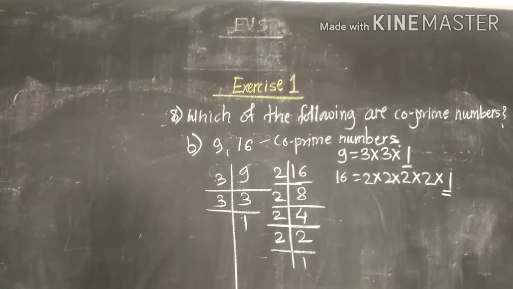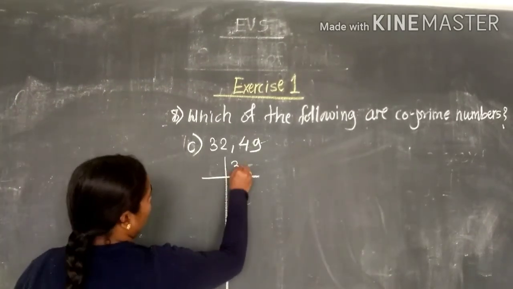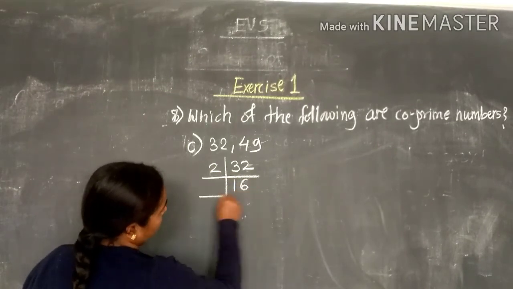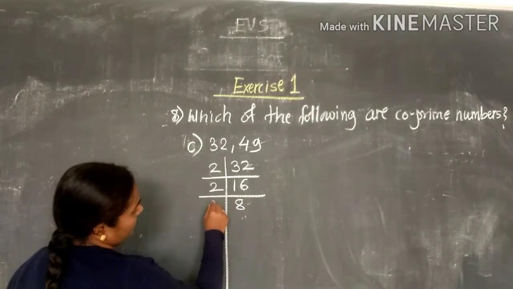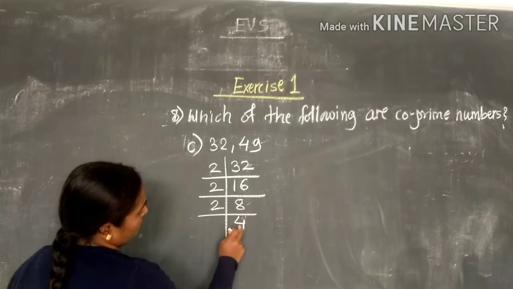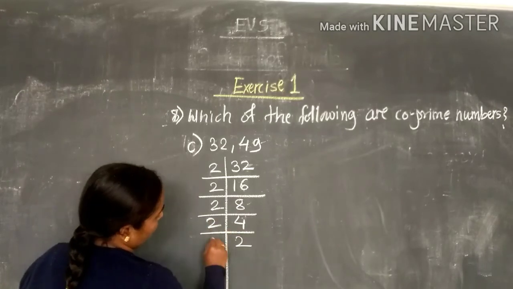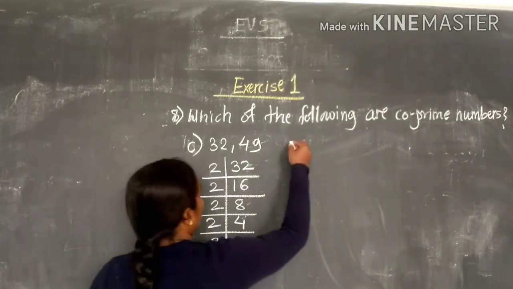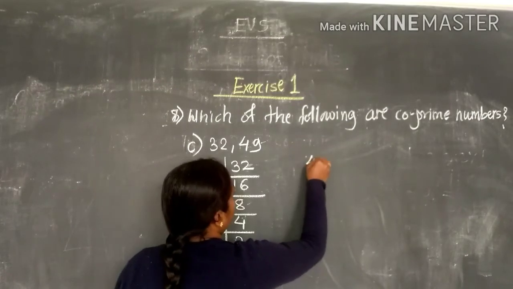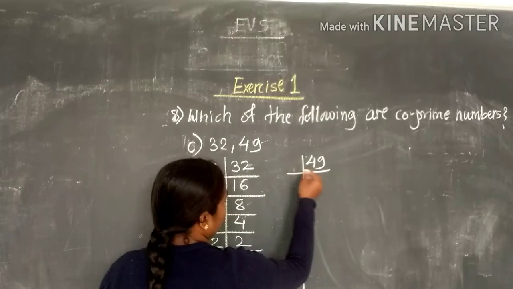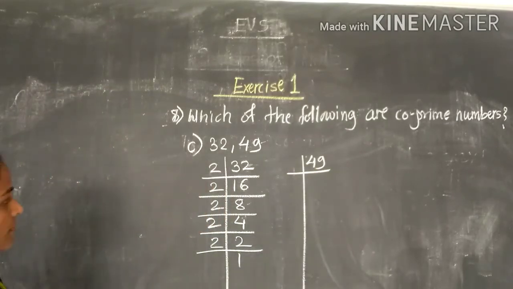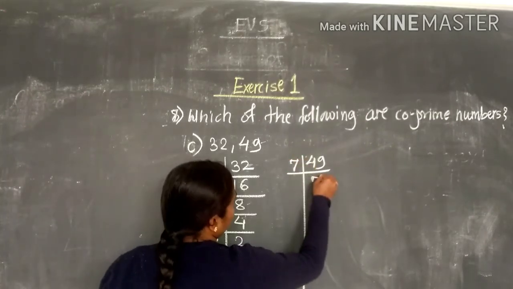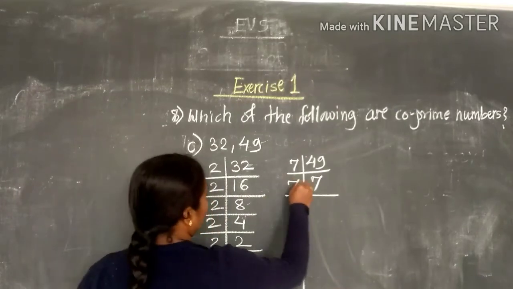Let's see the next example, 32 and 49. For 32: 2 1s are 2, 2 16s are 32, 2 8s are 16, 2 4s are 8, 2 2s are 4. For 49: 7 7s are 49 and 7 1s are 7.